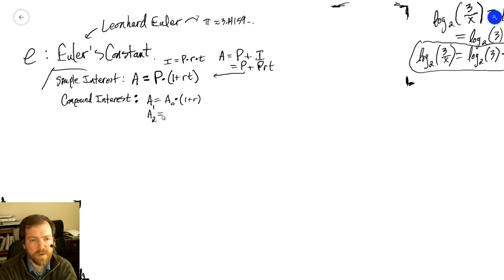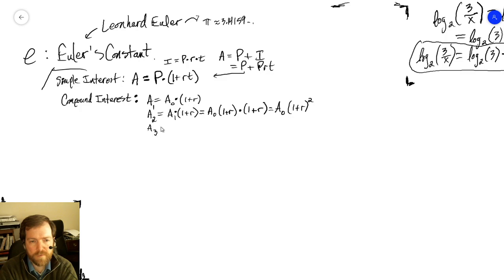So A sub 2 is then going to be A sub 1 times (1 plus R). Well, A sub 1 was A sub 0 times (1 plus R), times (1 plus R) from this year. So that now is A sub 0 times (1 plus R) squared.